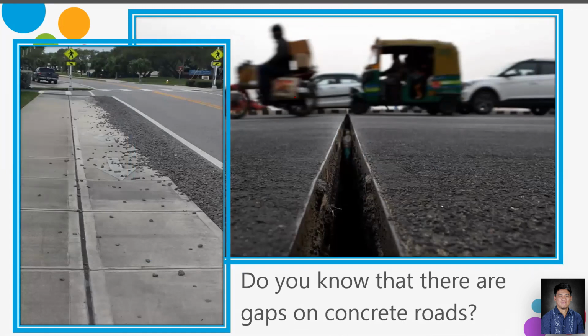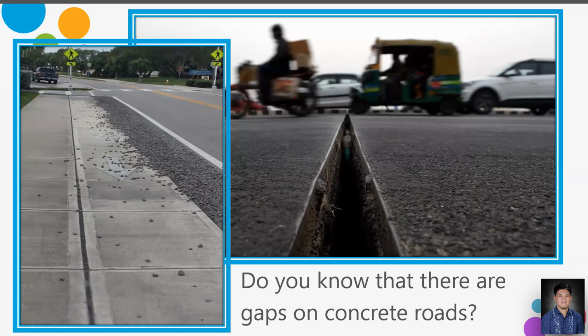Do you know that there are gaps on concrete roads? If mapapansin natin yung daan or yung kalsada, it has a line which somehow creates a unique design for roads, but this line is not only for design purposes. This line is the gap on concrete roads.